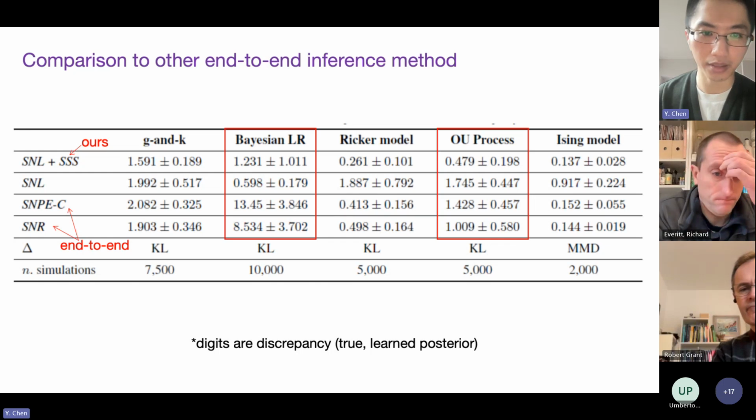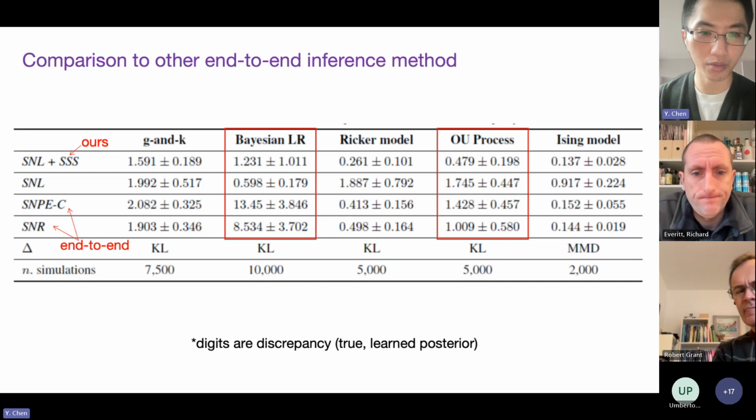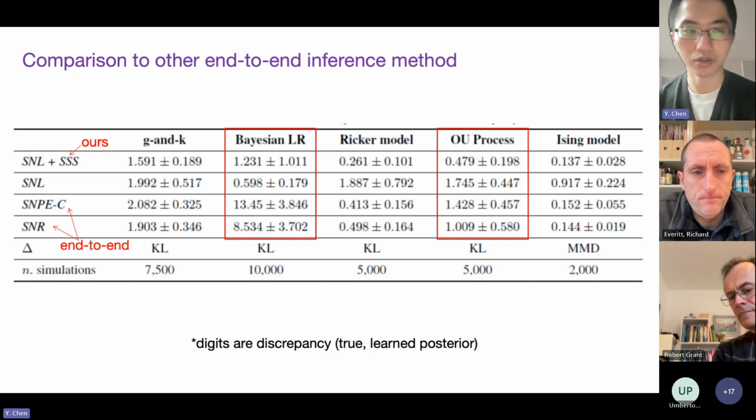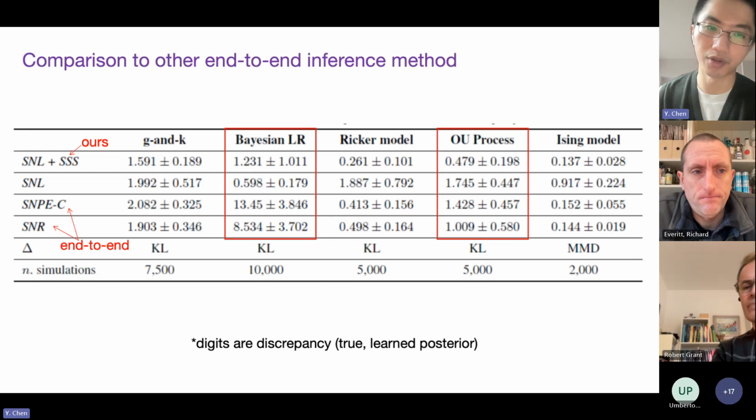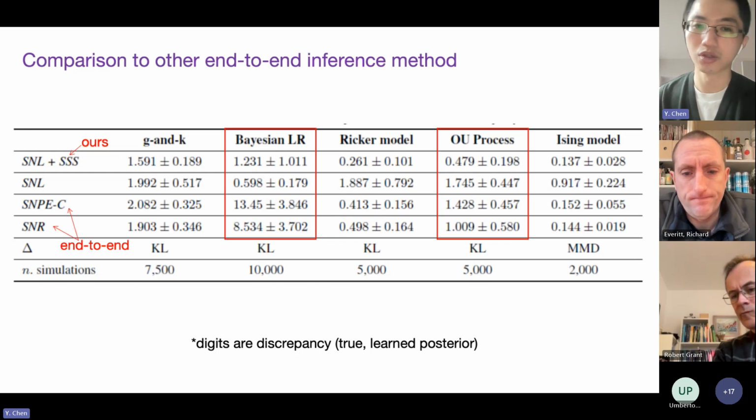If we look at this Bayesian linear regression problem, where the dimensionality is as high as 12 dimensions, you will discover that these end-to-end inference strategies may not be so reliable, given the 10,000 simulations there. The KL between the inferred posterior and the true posterior is so large.